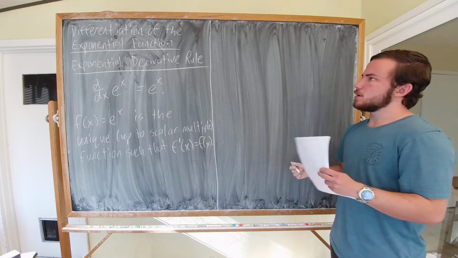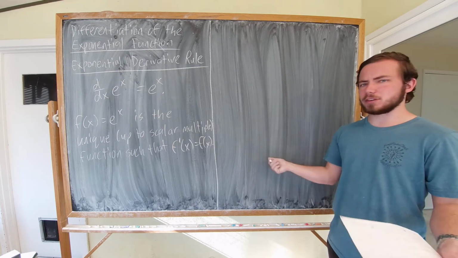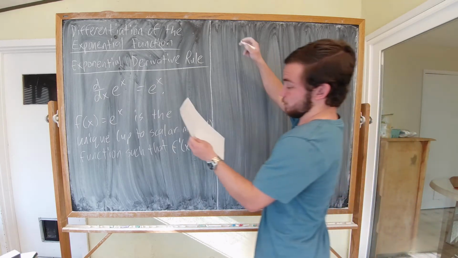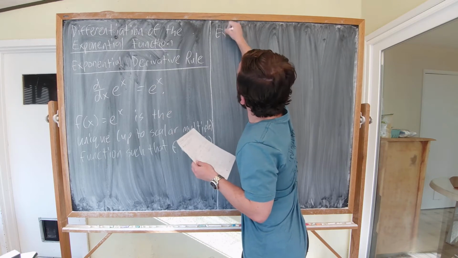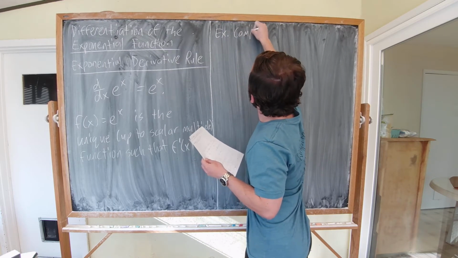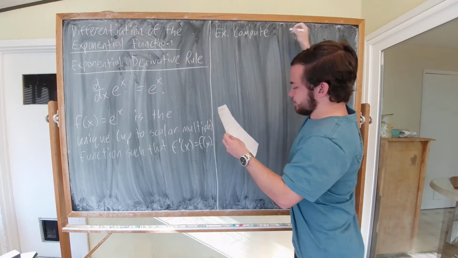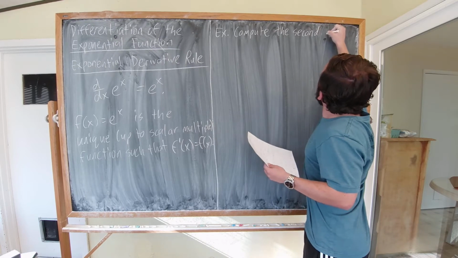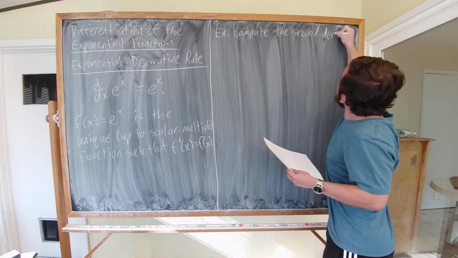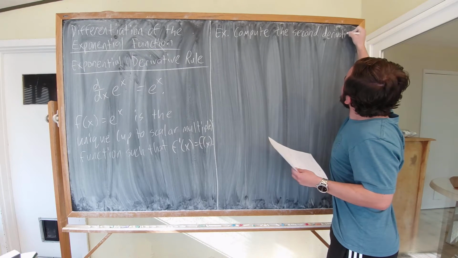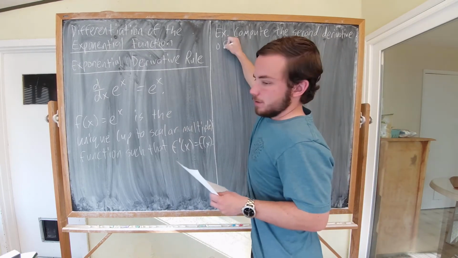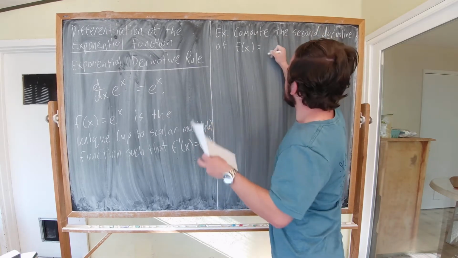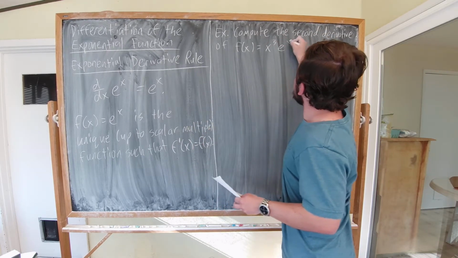But yeah, so let's use this rule in conjunction with some of the other stuff we've talked about, like the product and quotient rule and the chain rule. Let's say we want to compute the second derivative of f of x equal to x cubed e to the x.